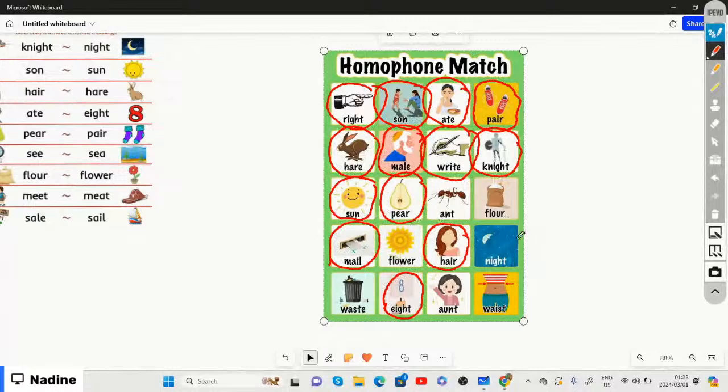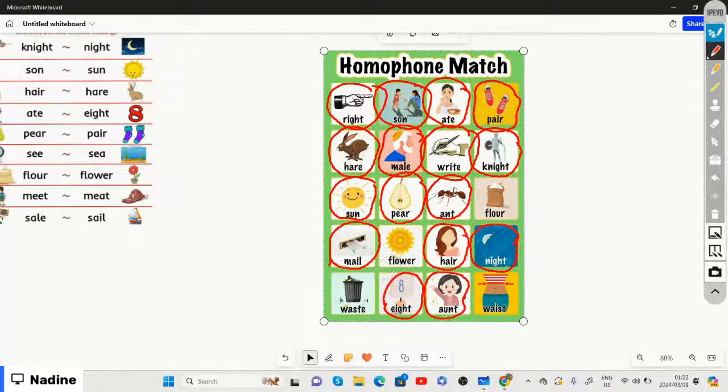And then we have night, which is when the sun sets and the moon comes out. Then we have ant, which is that little insect. Like when something sweet falls on the floor and then you see ants coming out. And then you have your aunt, which is either your mom or your dad's sister or family member.